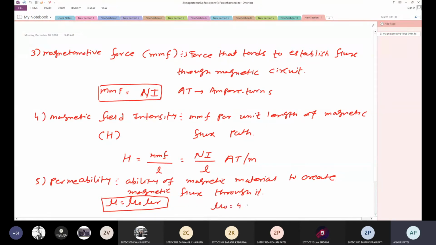Mu 0 is equal to 4 pi into 10 raised to minus 7, where mu r is the relative permeability of the material. So this is the permeability of magnetic material, which is different for different magnetic materials. According to that, it can produce magnetic flux.